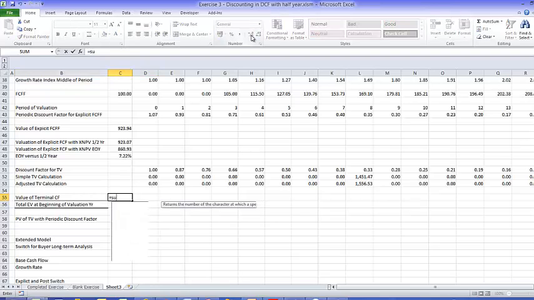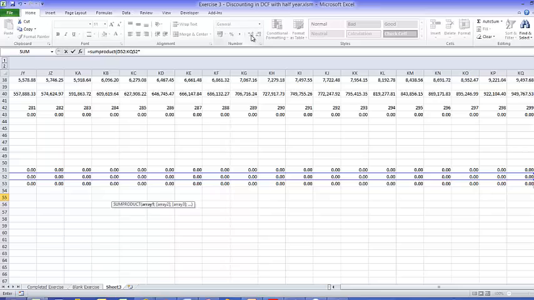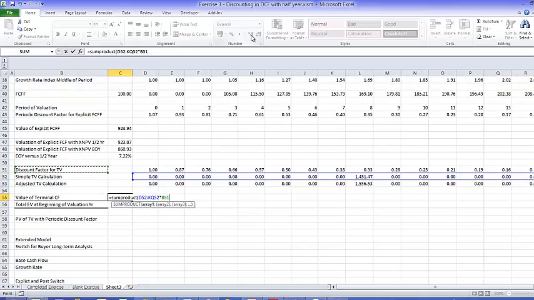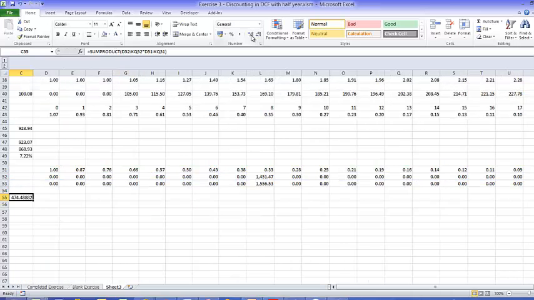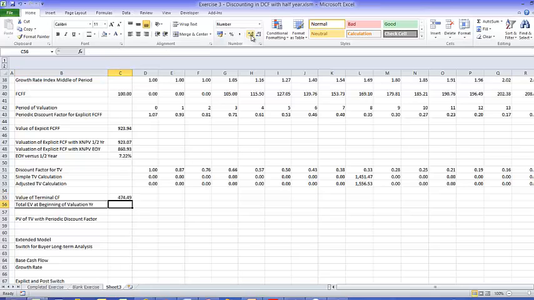So this is some product, and we take all this cash flow, and then we multiply that by the discount factor. Okay, so that gives us our terminal value, and then we take this one and add, what do we want to add here? Our explicit cash flow. Okay, that's our total value.